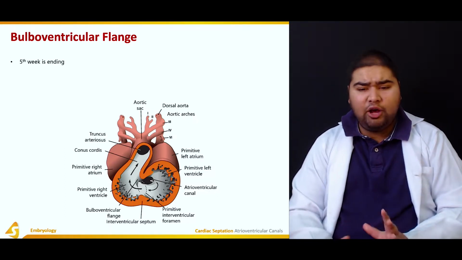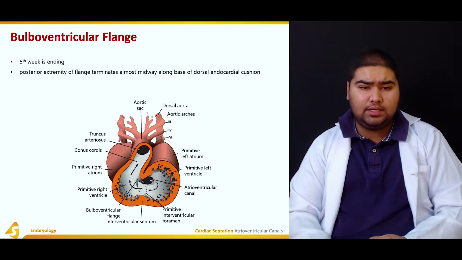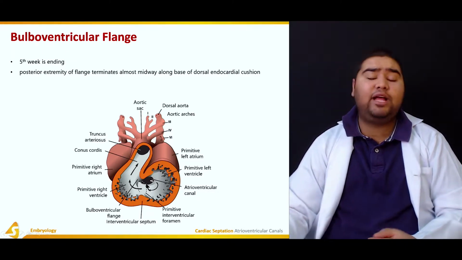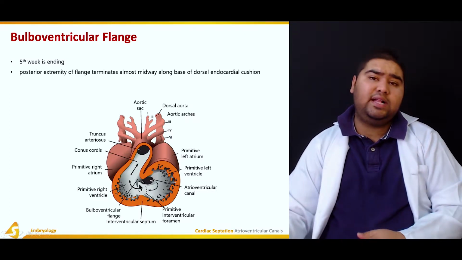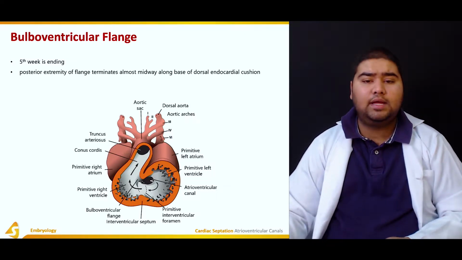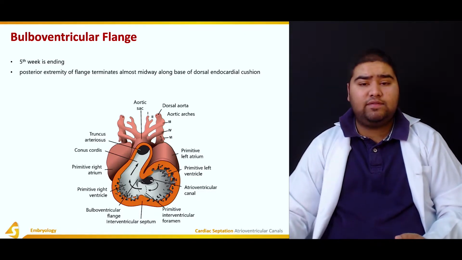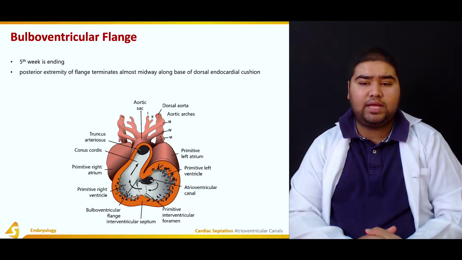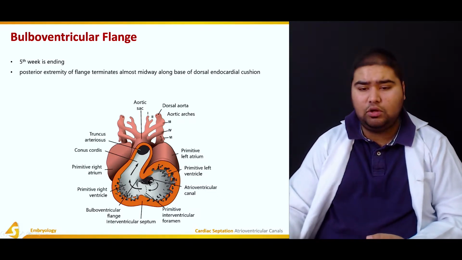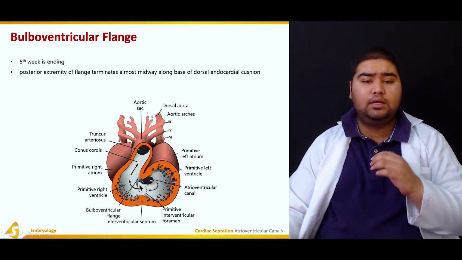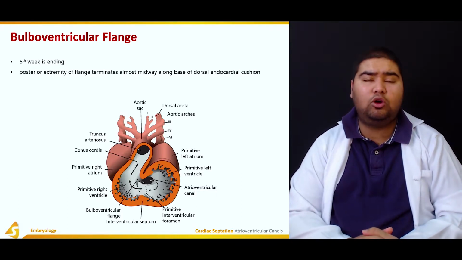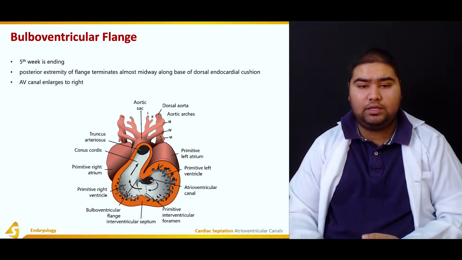Now the fifth week is about to end. The posterior extremity of the flange, which is separating the AV canals from the bulbus cordis, terminates almost midway along the base of the dorsal endocardial cushion. Here is where the dorsal endocardial cushion lies.